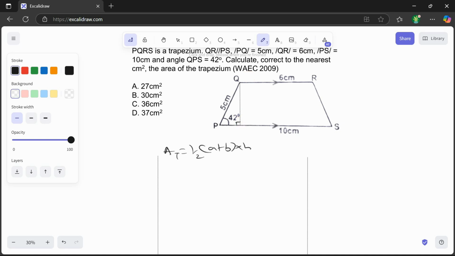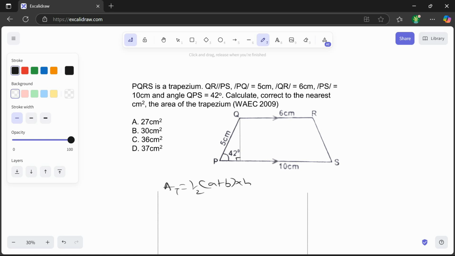We're trying to find the area of the trapezium, but to solve this, we need the height, which we're not given. For the sake of this small triangle, we have the h, we have 5, we have 42 degrees. This is the opposite and this is the hypotenuse.